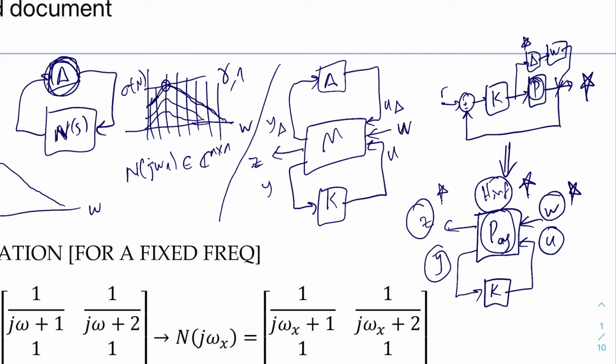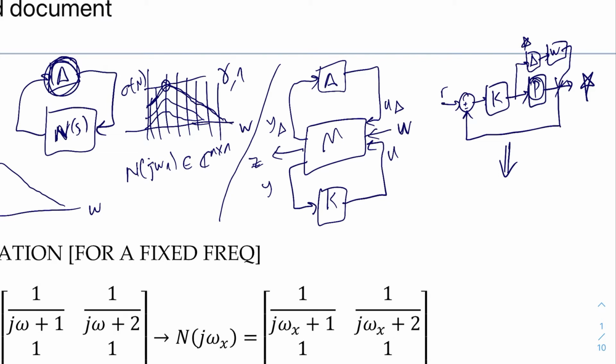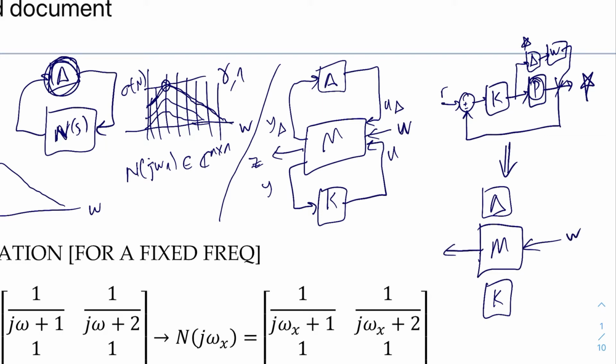And after that, let's delete all this. Now we leveled up in a way, and we are considering this case now. Again, disturbance, regulated output, Y, the measured output, and control signal.